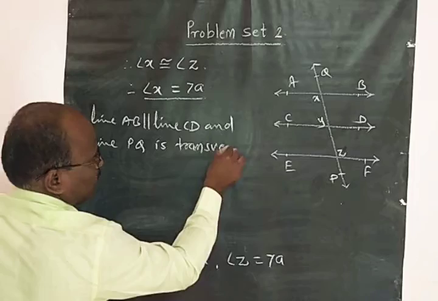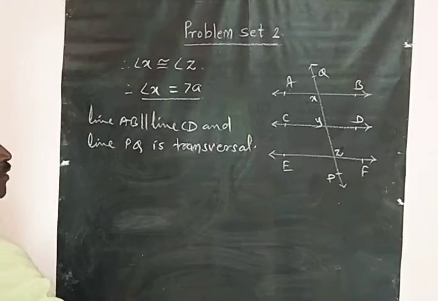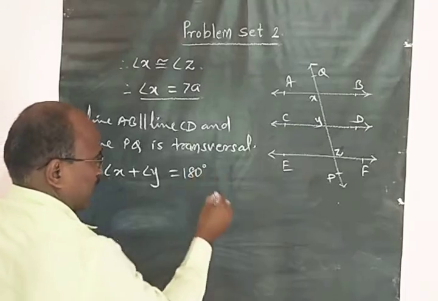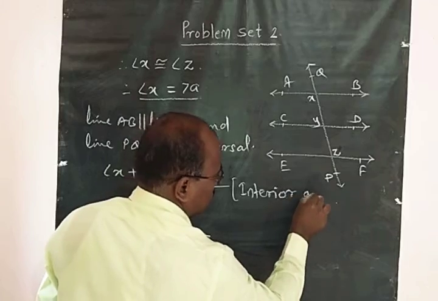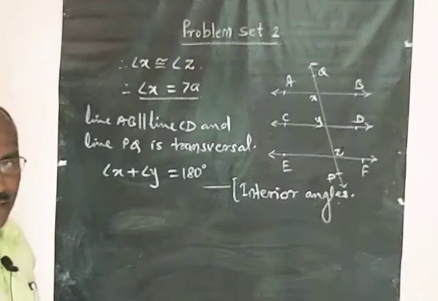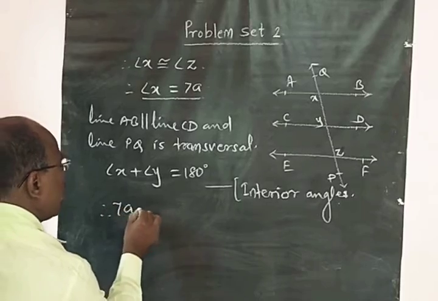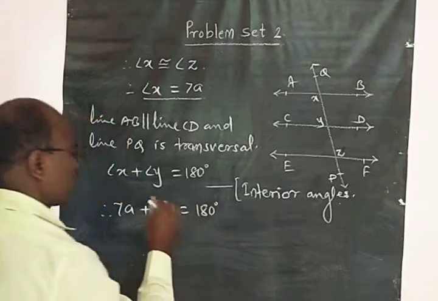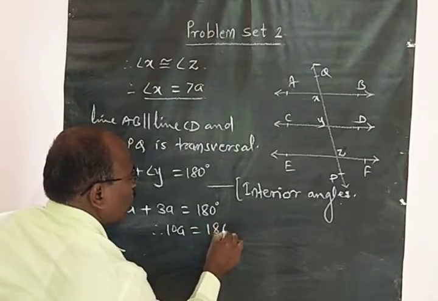Therefore angle X plus angle Y is equal to 180 degrees, because these two angles are interior angles. So 7a plus 3a is equal to 180 degrees. 3a plus 7a gives 10a is equal to 180.